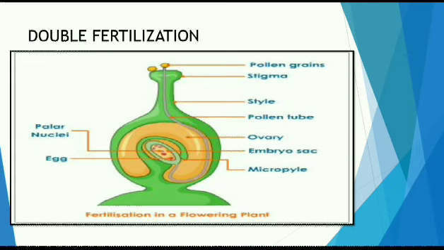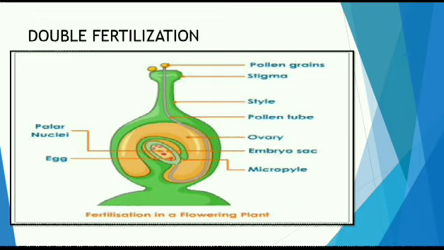In the egg cell, one nucleus is fused with the male gamete, which means 2n. So fusion happens three times, which is called triple fusion. So double fertilization and triple fusion are basically the same.